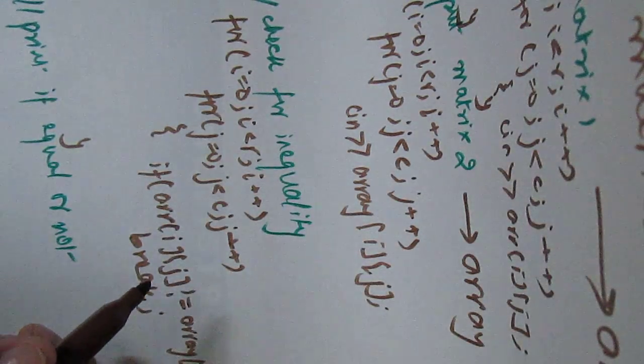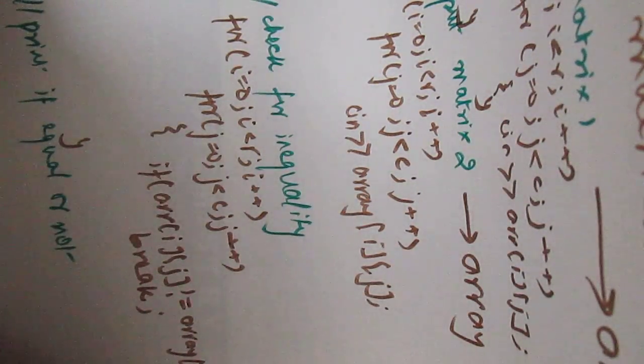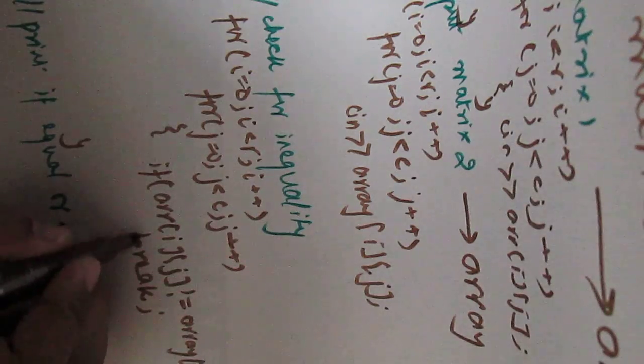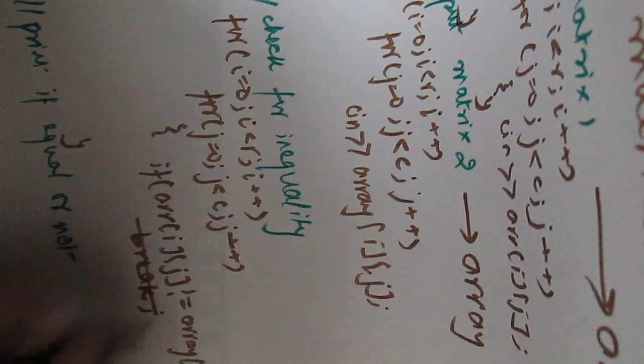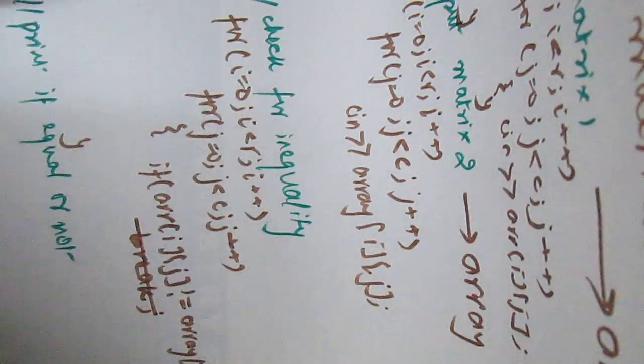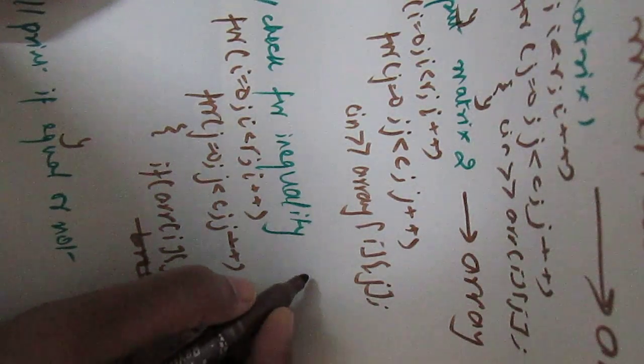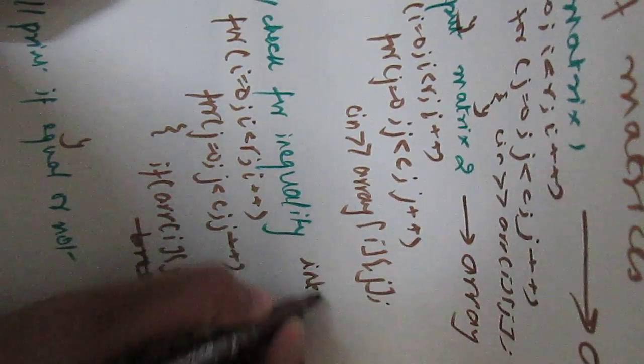Instead of having a break here, let me introduce a new method. For example, we have a new variable, int flag equals 0, outside the loop, and we'll make the flag equal 1 as soon as we encounter this inequality.